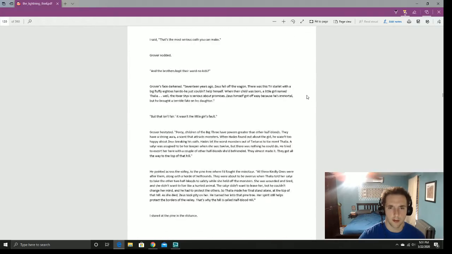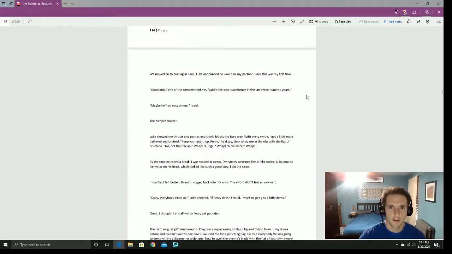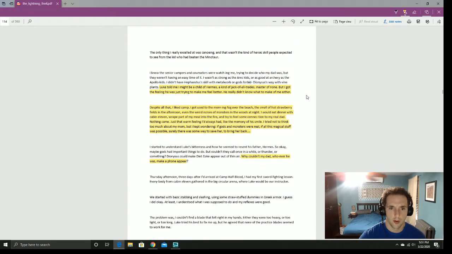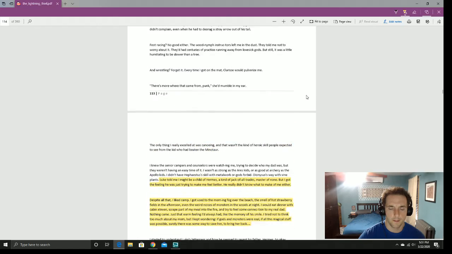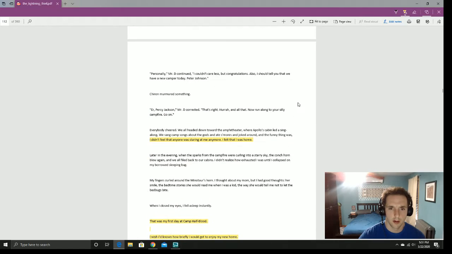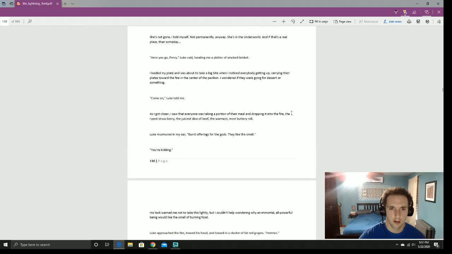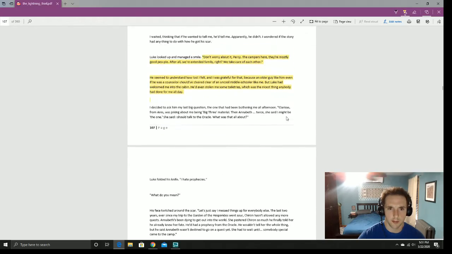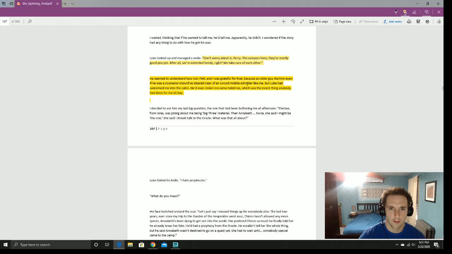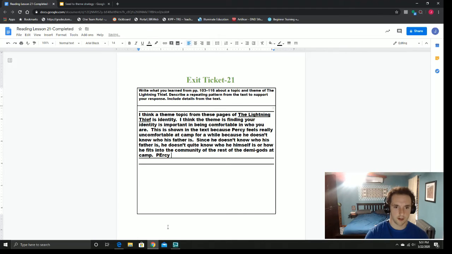Let's go back up here, I think, is probably the best. I think up where he's talking to Luke is probably the best one. He seemed to understand how lost I felt right there. Percy says, he seemed to understand how lost I felt.